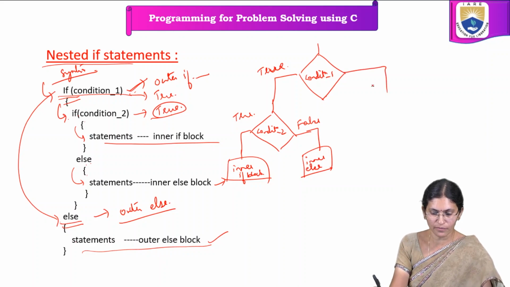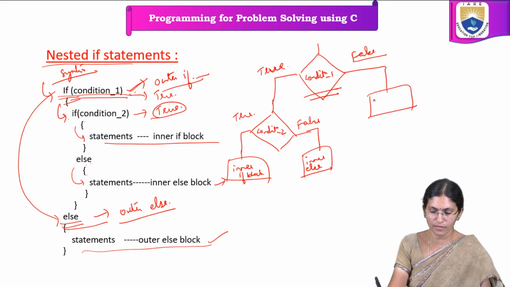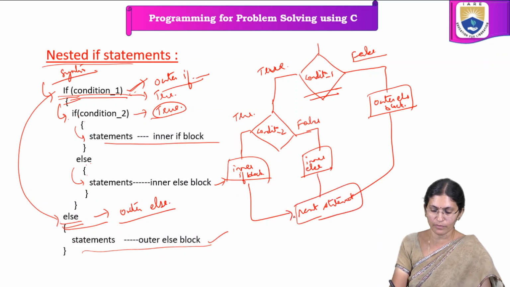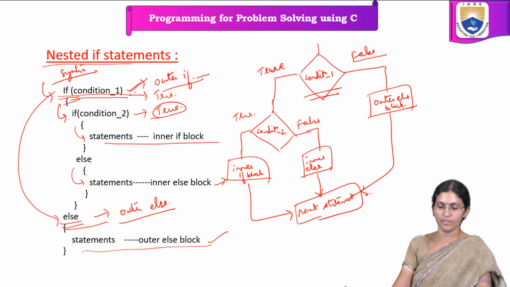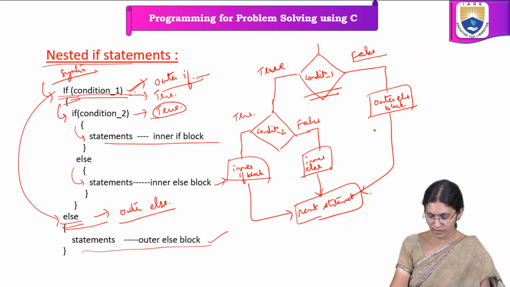If condition 1 itself is false, this is the outer if and this one is the outer else, so the statements inside the outer else block are executed. After this, the next statements are executed. So this is how the flow of the program takes place.